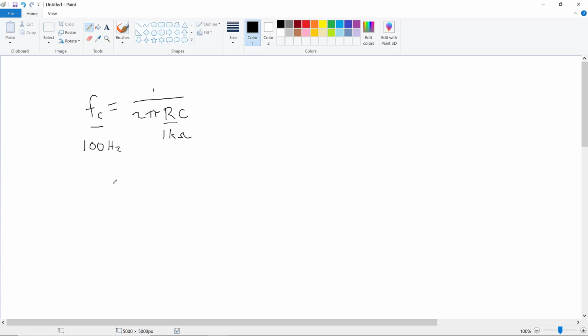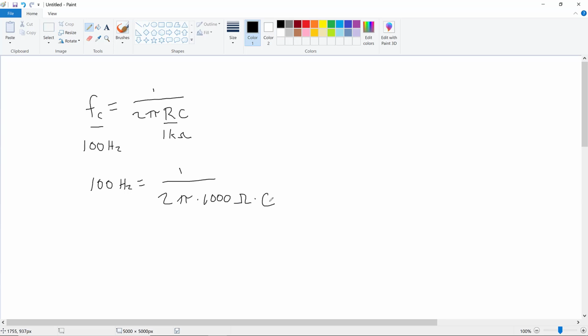So then what I have is 100 hertz is 1 over 2 pi times 1,000 ohms times capacitance. Now I chose 1,000 ohms kind of arbitrarily. It's just a nice round number. If you find that the capacitor that you get with 1,000 ohms is really too big or too small, you can choose a different value there, but that's a nice place to start from.